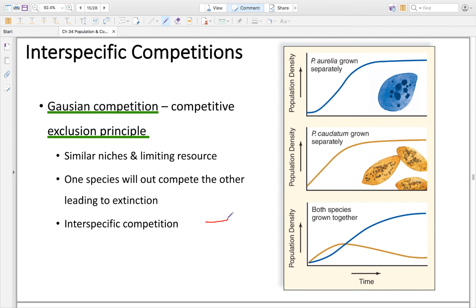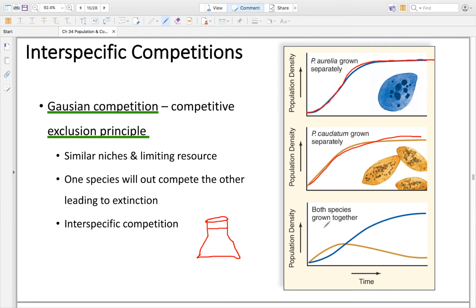These guys are pretty small, so they can live in a flask no problem. He grew them separately and provided all the nutrients and food that they needed. They grew just fine. They actually grew perfectly. They grew exponentially. They reached their carrying capacity. They shifted to logistic growth. Normal. Same thing with these guys. Normal.